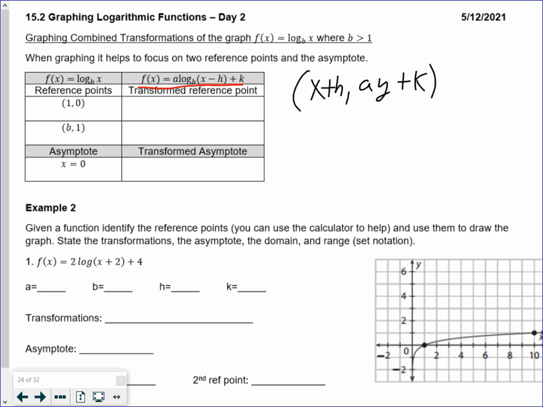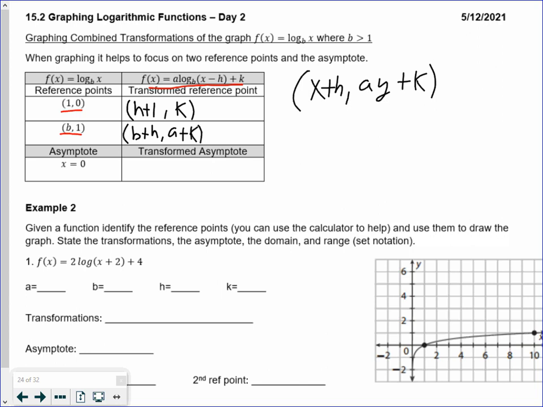And our two parent reference points, 1, 0 and b, 1, become transformed reference points: sorry, it shouldn't be x plus 1, it should be h plus 1, comma, k, and b plus h, comma, a plus k.